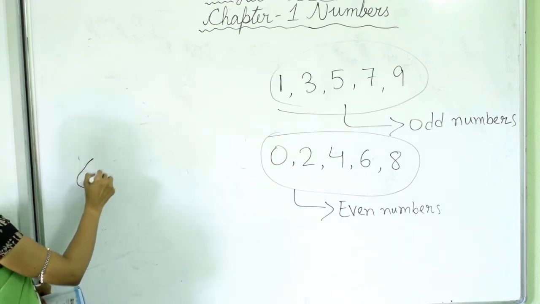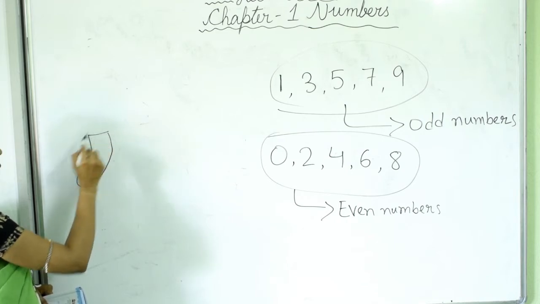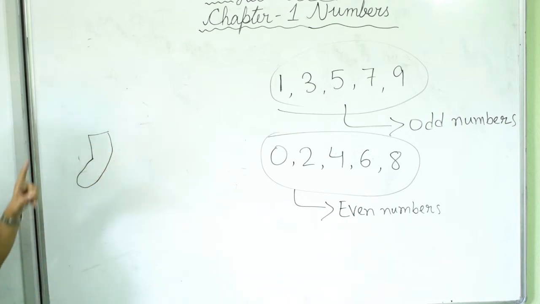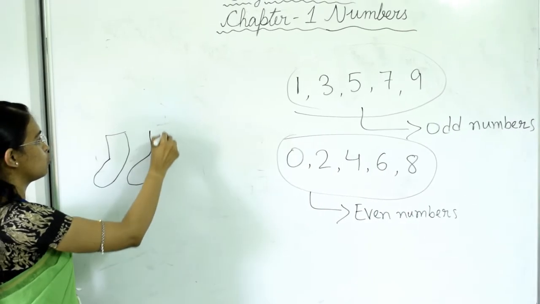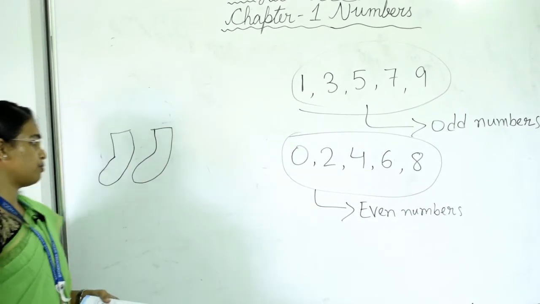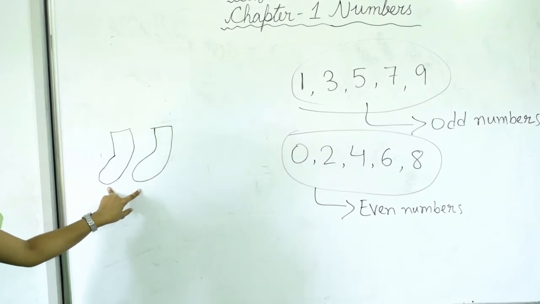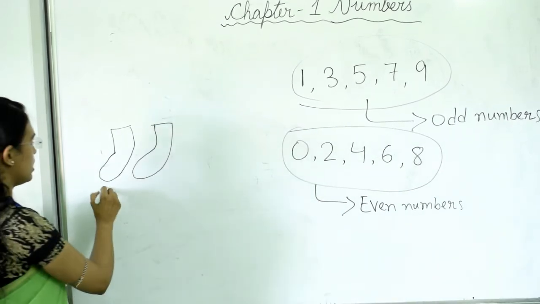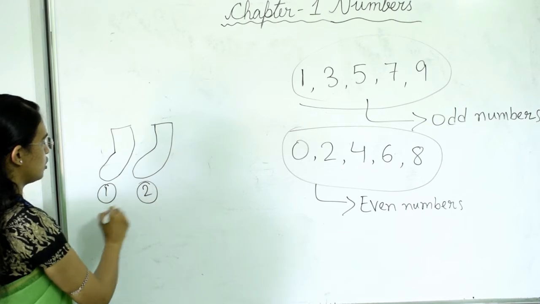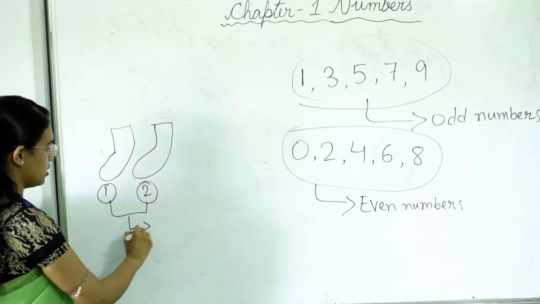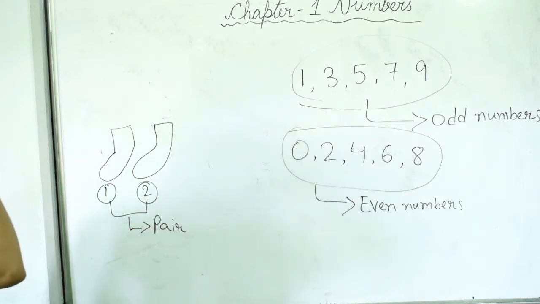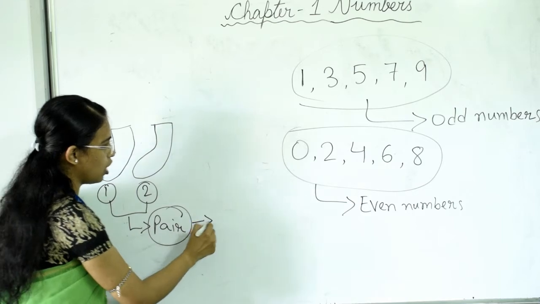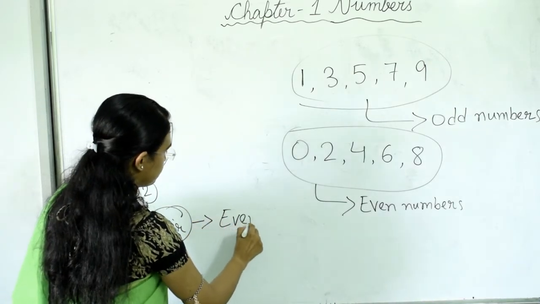When we wear socks, how many socks do we wear? 1? No. Whenever we wear socks, we wear 2 socks, right? So this is a pair. 1, 2. Whatever the number is, if it makes a pair, then it is called an even number.